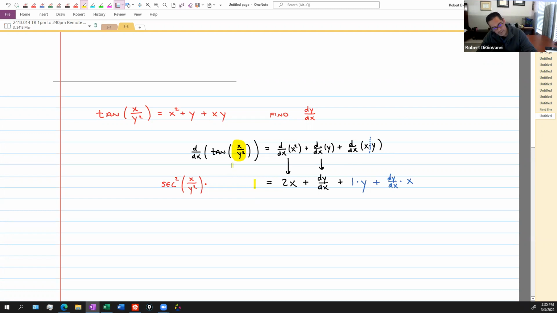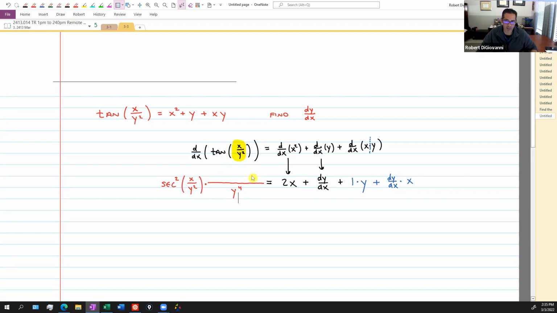I'll start setting it up. One thing I know for sure is that the bottom is y to the fourth, because when you do the quotient rule, at the end of it, you get the bottom squared. So when you square y squared, you get y to the fourth.